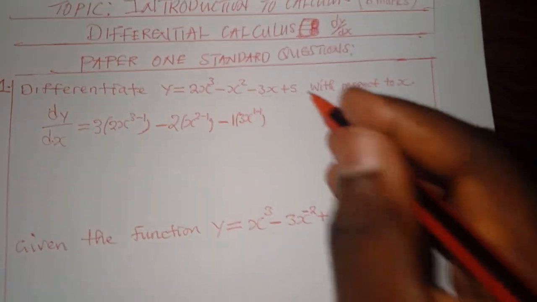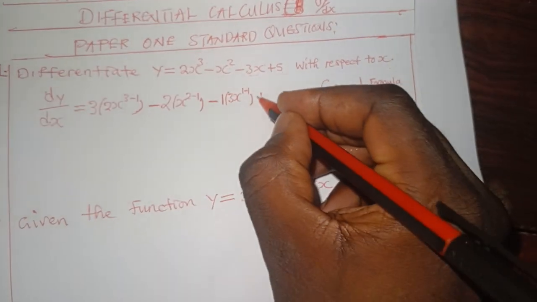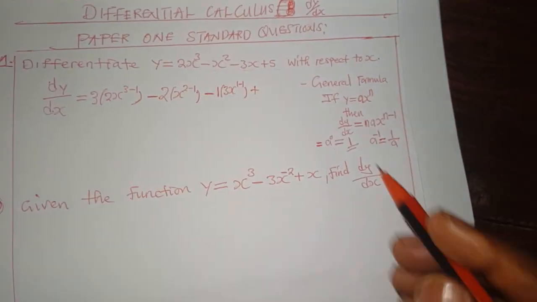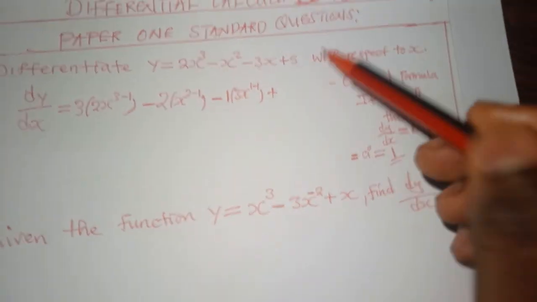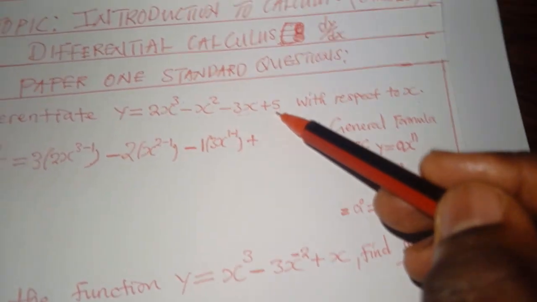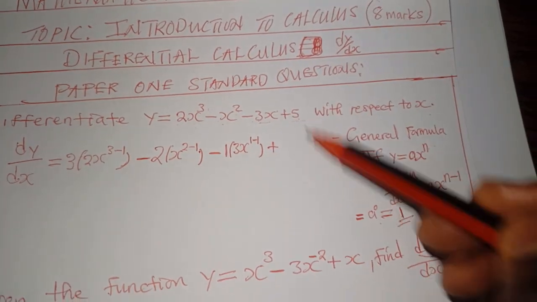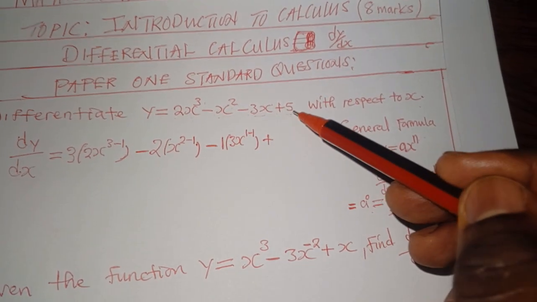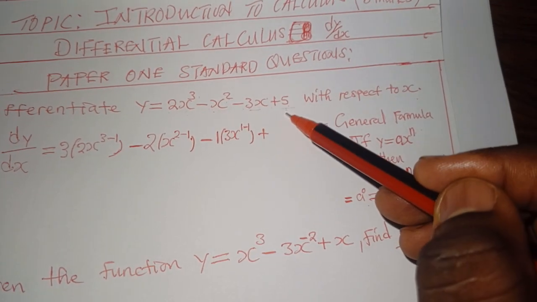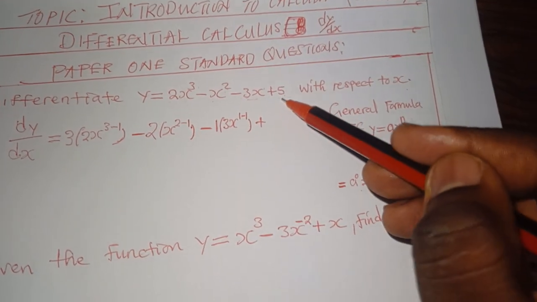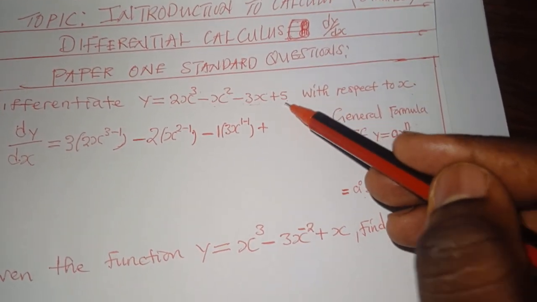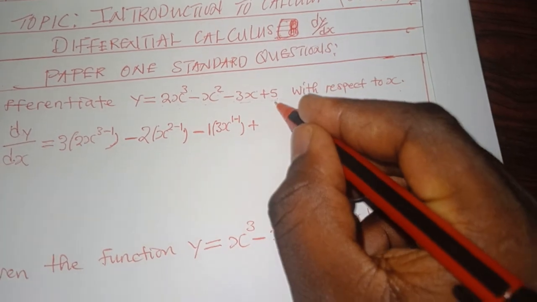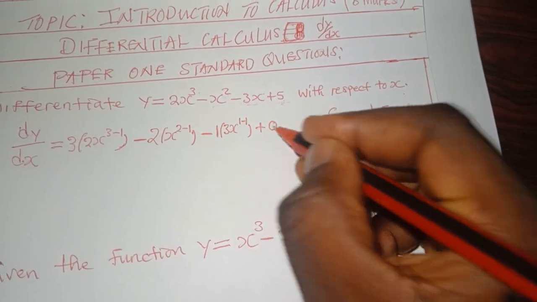What it means now is that we need to go back to another fact. The other fact is that whenever you have a constant number, like the 5 here, the dy dx of any constant is 0. So where there's 5 here, we'll put a 0.